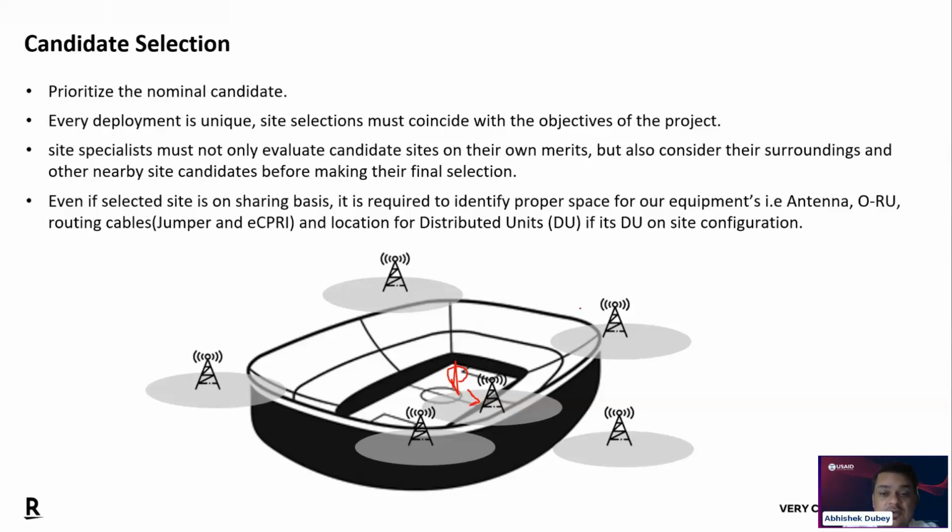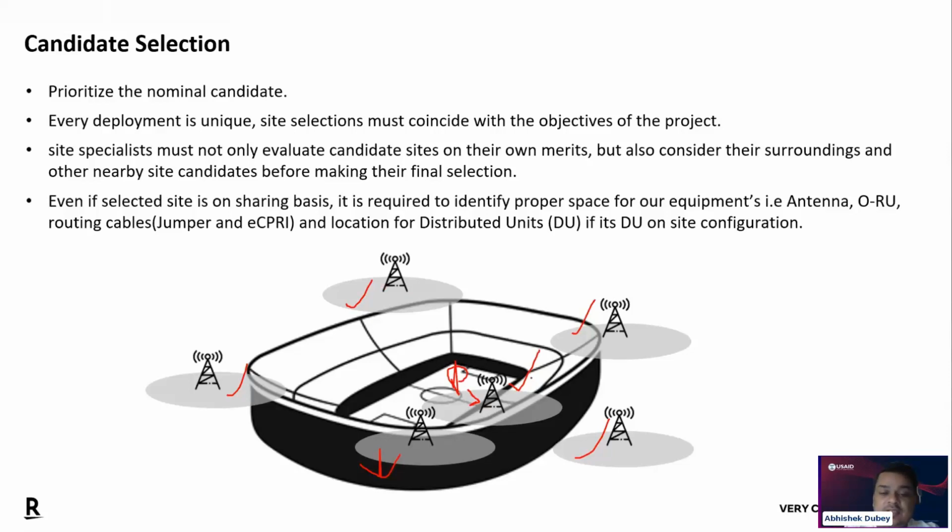If you get this P1, it's well and good. But if not, then you are also going to check the possible options where you can install the site. That is the main aim of candidate selection. You are going to survey the possible candidates nearby the location.